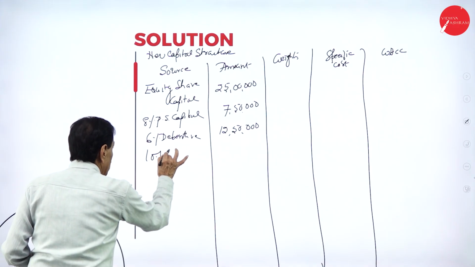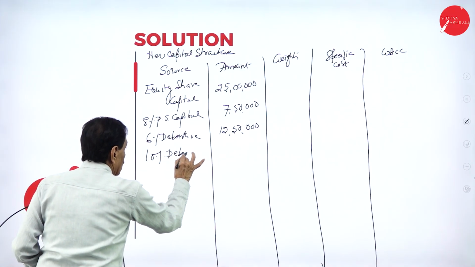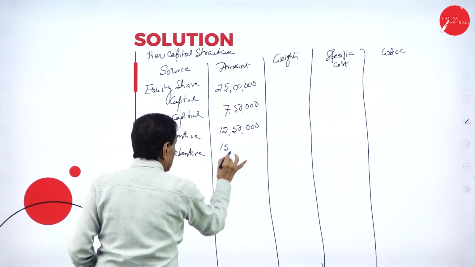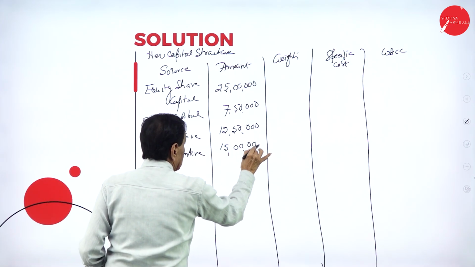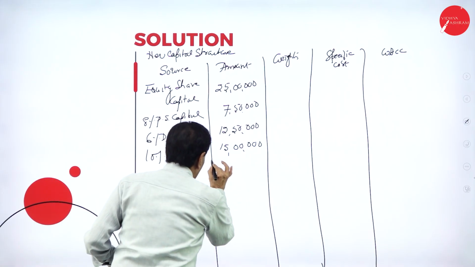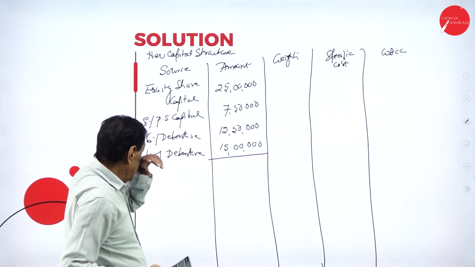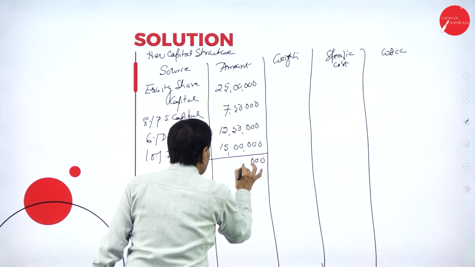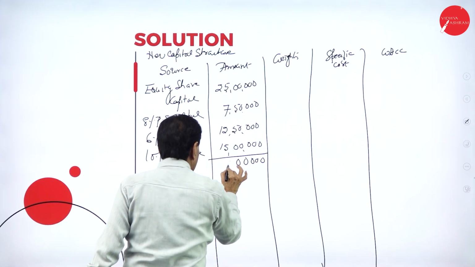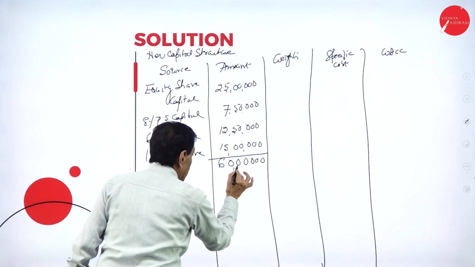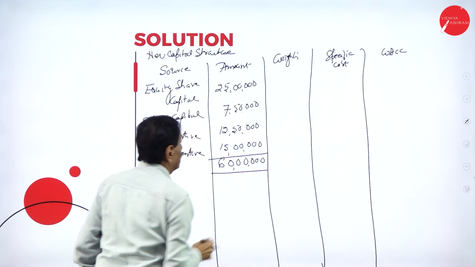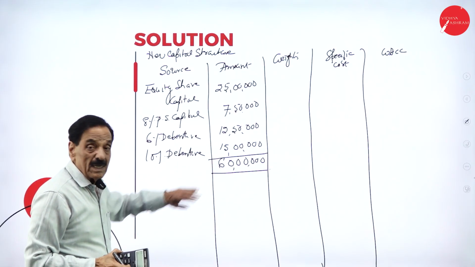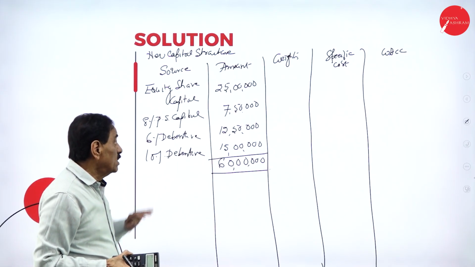Adding the figures, previously it was only 45 lakh, with an additional debt of 15 lakh, totally 60 lakh.